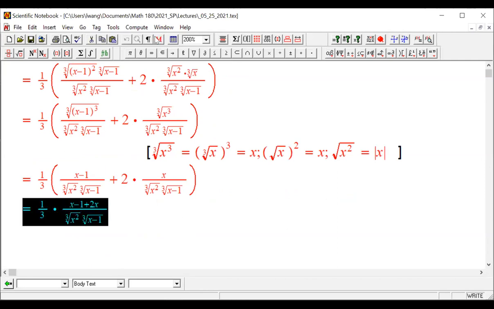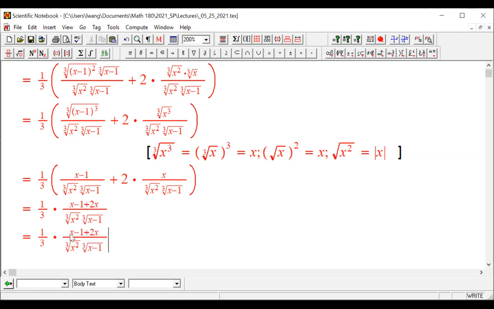In the end, 2x plus 1x, that's going to be 3x minus 1. So that's the final g. That's a lot of work, isn't it? You will get better. I will show you the other way.